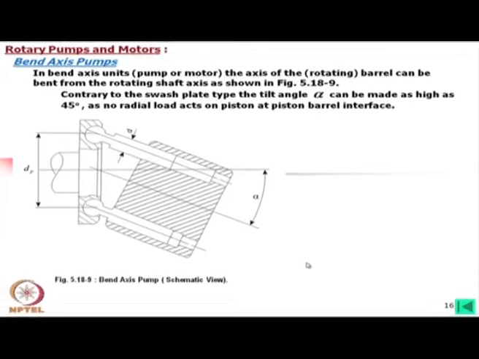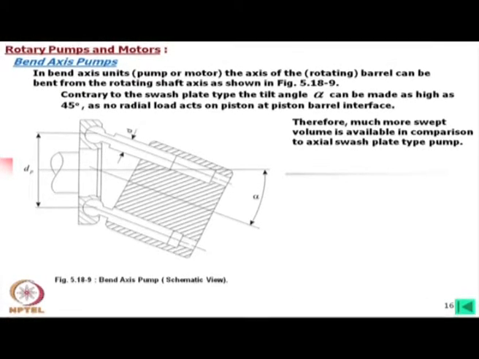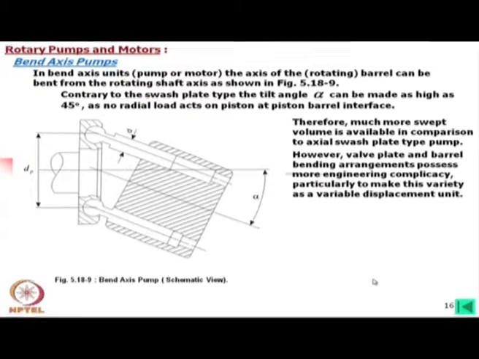Already I have explained that alpha can be made 45 degrees. So, much more swept volume is available in comparison to the axial swash plate type, but the valve plate and barrel arrangements etc. are expensive.